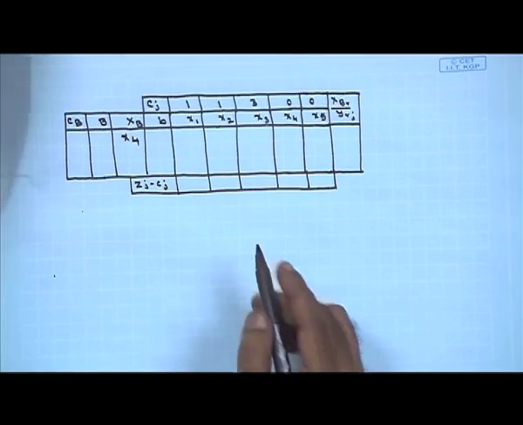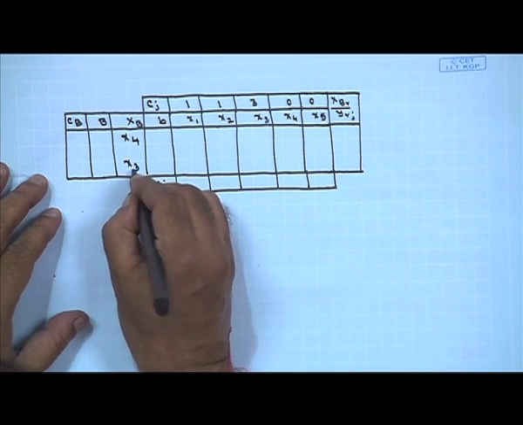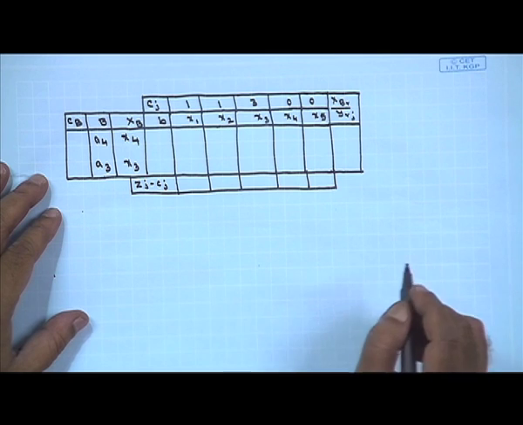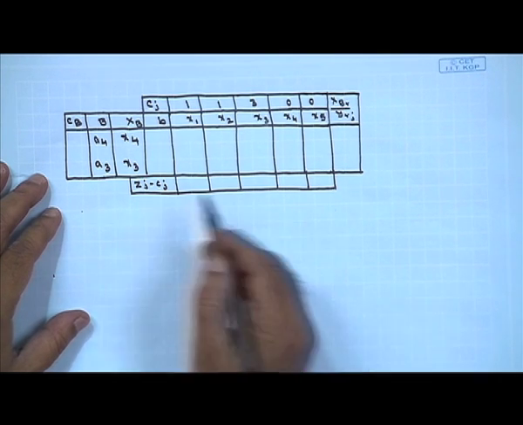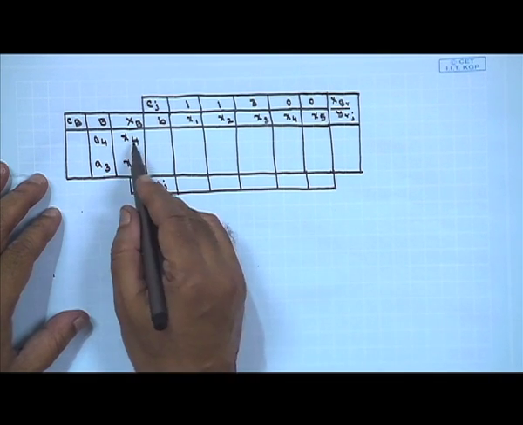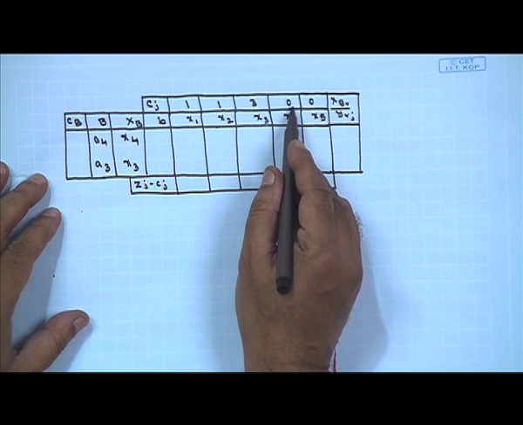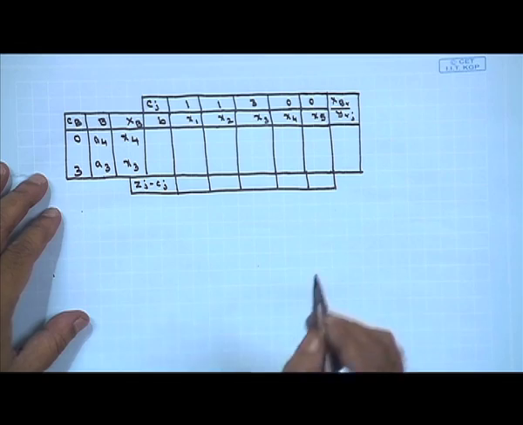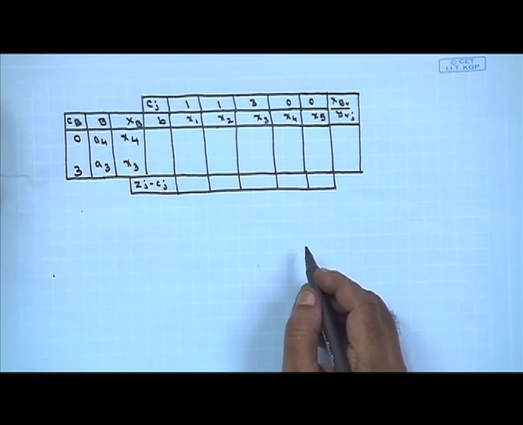So, here it will be x 4 and x 3. The values corresponding to these are: for x 4, the coefficient in the cost function is 0, and for x 3 it is 3.